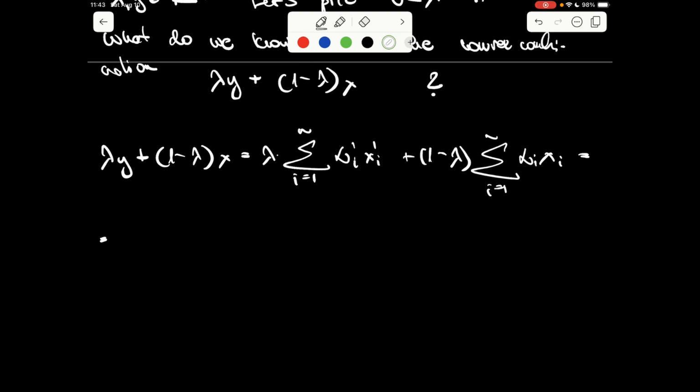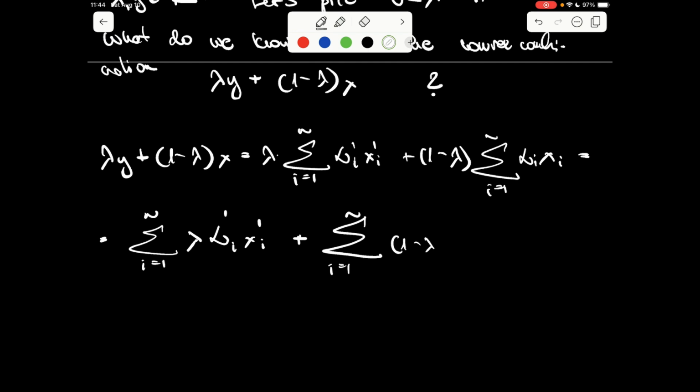It equals to, we can relocate lambda and 1 minus lambda after the summation sign, plus. So what we are interested in is the weights.